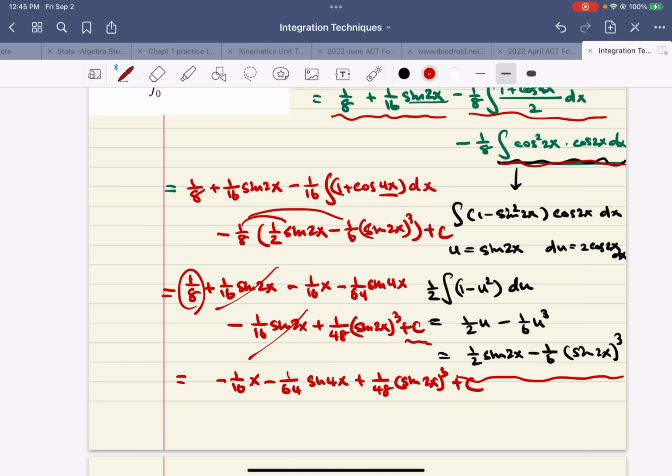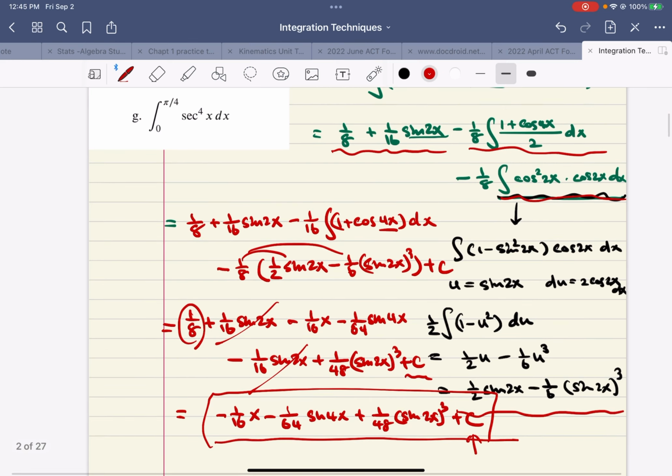The reason why you don't have to put 1 over 8 is because c is an unknown constant, so any constant you can include in that c value. Okay, so your final answer should be this. Yeah, that was the answer. Now let's move on.